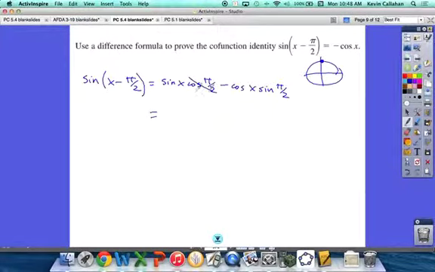So that whole term drops out. And what is the sine of pi over 2? It's 1. Okay, so what's left? This whole term dropped out, and we're left with negative cosine x. And that was what we were trying to verify.